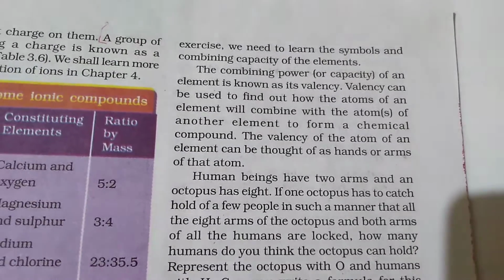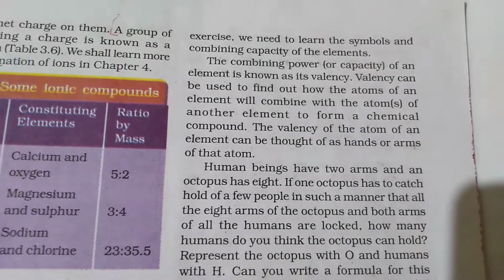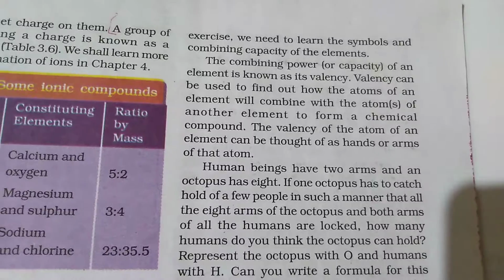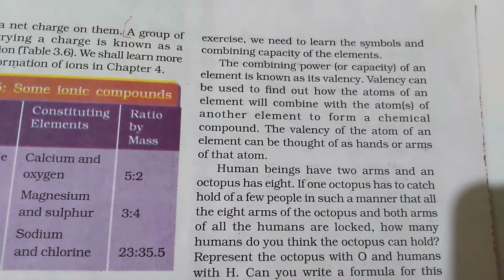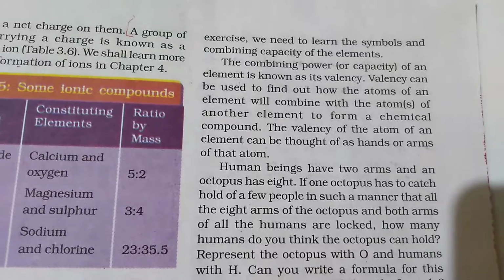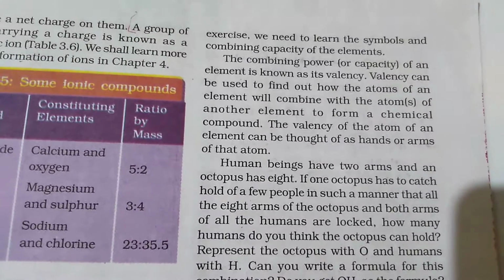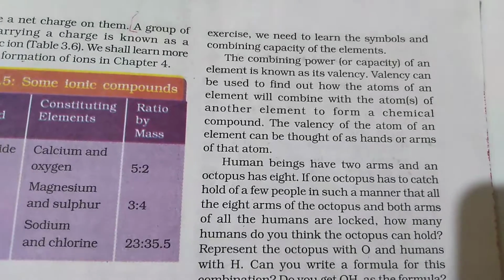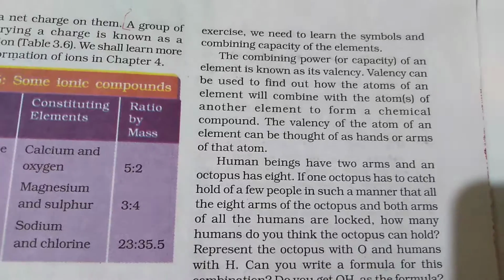The electrons in the outermost orbit are called valency electrons. Those are responsible for combining one atom to another atom. In an element, all the atoms are the same, and they combine with each other by their valency electrons.